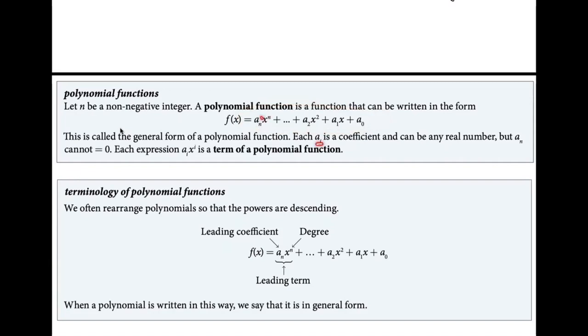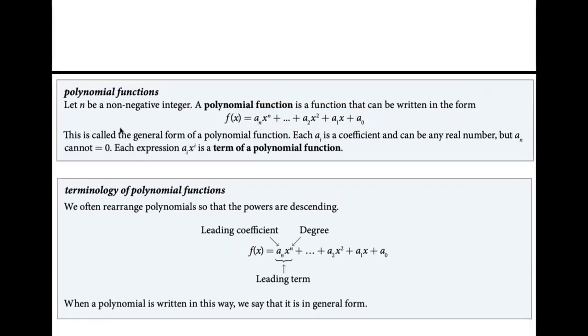These a_i's are just some coefficients, they can be any numbers, as long as the first one is not 0, because if it is, then this whole thing goes to 0 and we don't have an nth degree polynomial anymore. And each one of these is a term of the polynomial. So this is a term, this is another term, and so on.